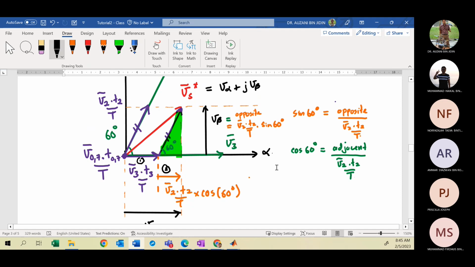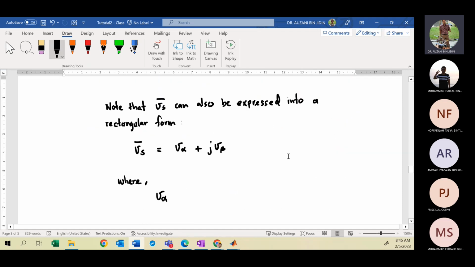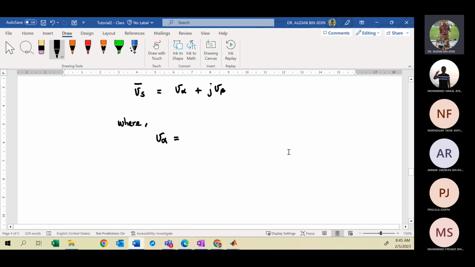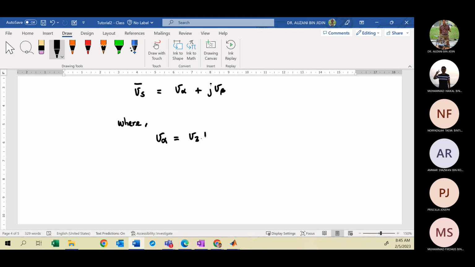Okay, clear? So from here you can write the V alpha equation as V3 T3 per T plus V2 T2 per T multiplied by cos 60 degrees.